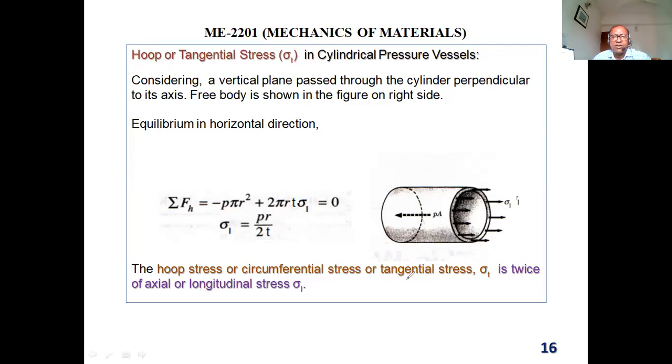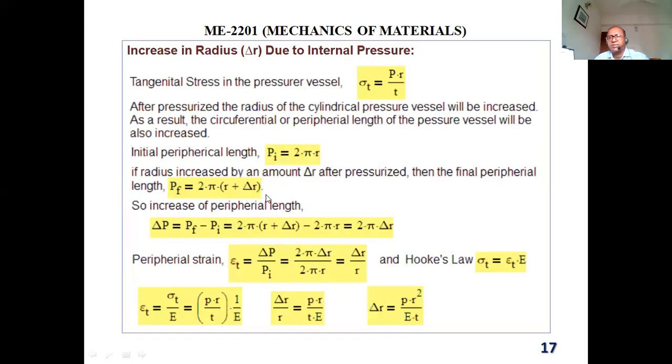Now, what was our main point? To figure out how much the radius is increasing in the pressure vessel. That we will figure out. So here is the main formula; I just give you a preliminary idea. Right now, this is the tangential stress in the cylindrical pressure vessel. Say the radius is R. So what will be the initial peripheral length?